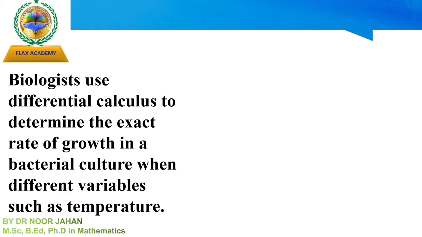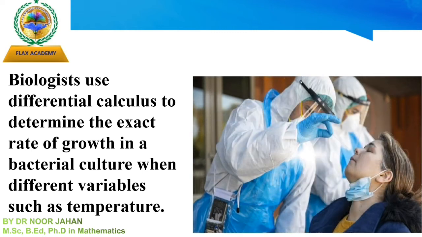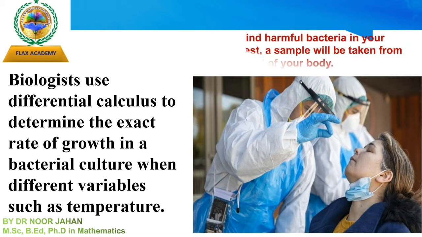Biologists use differential calculus to determine the rate of growth in a bacteria culture when different variables such as temperature are taken. For example, in the present situation, patients are giving a coronavirus sample to find whether the patient is affected by COVID-19 or not.